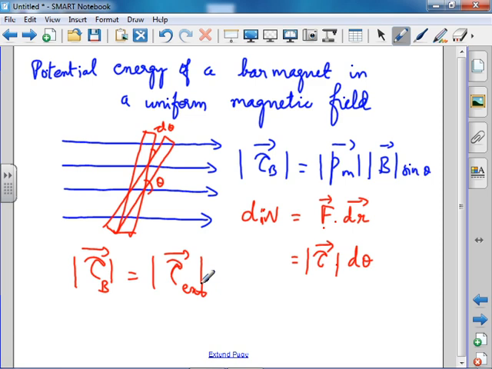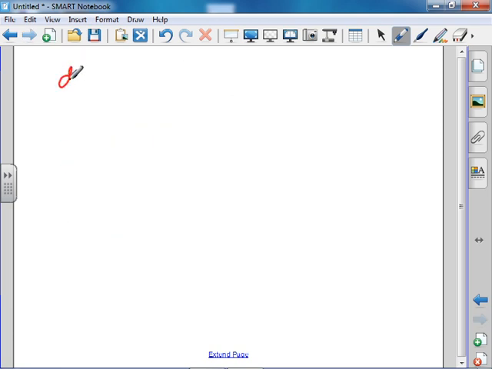So how will you write this dW? dW can be written as PM into B sin theta into d theta.